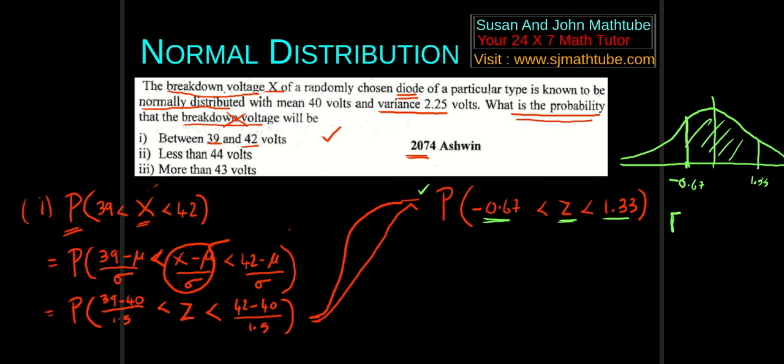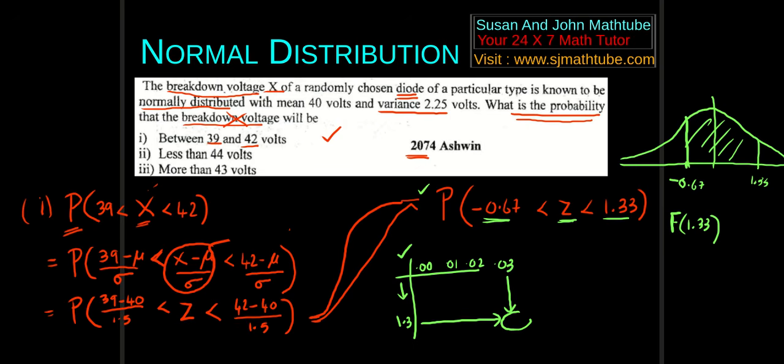And from the tables, you can find 1.33. So take your tables. I told you how to find the value from the tables. It's a positive value, so turn to the positive Z scores and go down till you see 1.3. And here you'll be able to see 0, 0.01, 0.02, 0.03. So make sure you coincide this and this, okay?